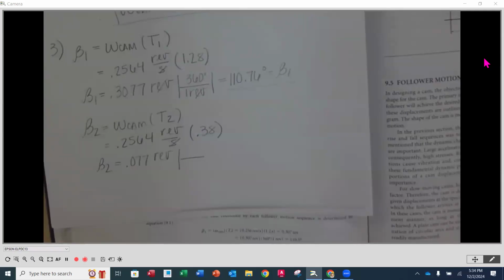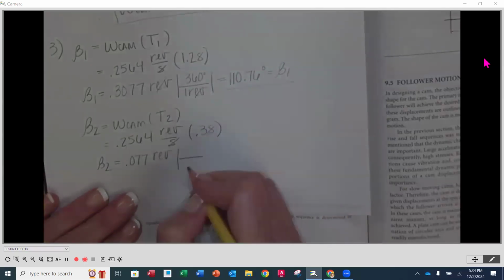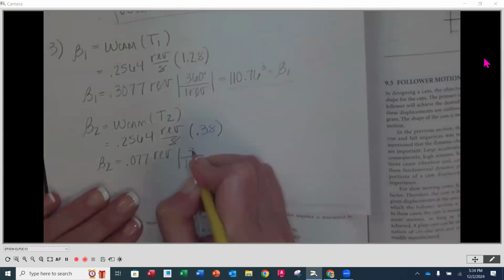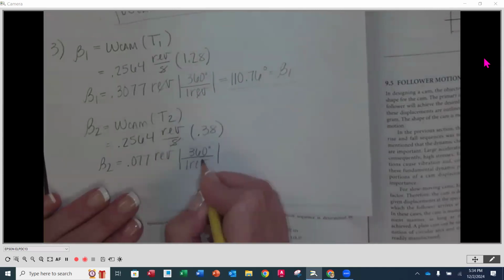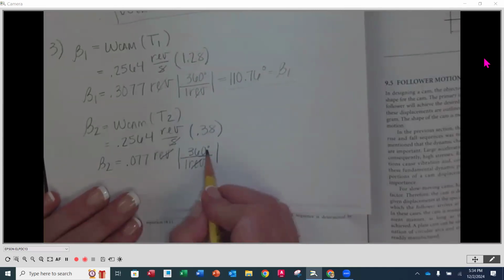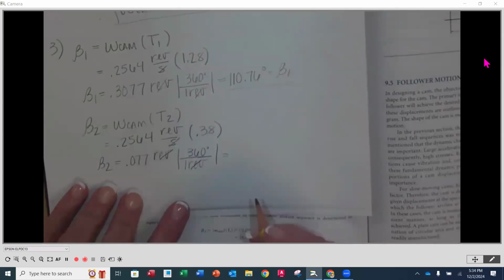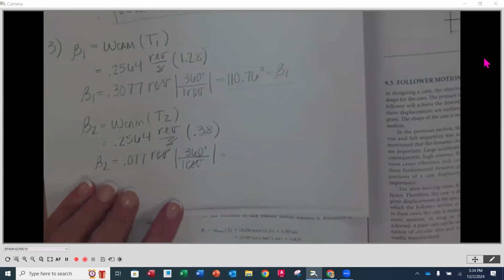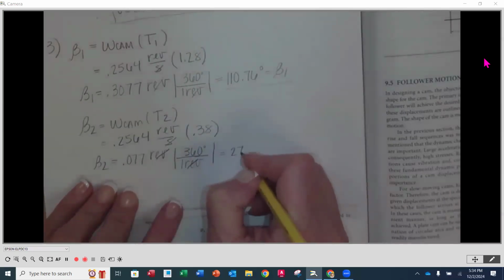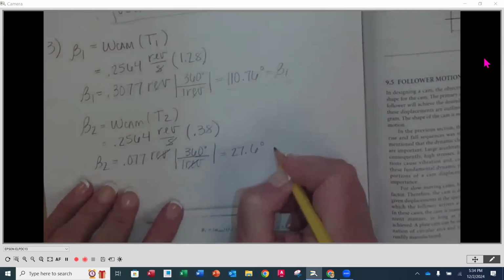Is that right? Oh, yeah, 0.077. Then we know that 1 revolution is 360 degrees, so revolutions cancel. We're left with degrees. And what do you get for beta 2? 27.6 degrees.